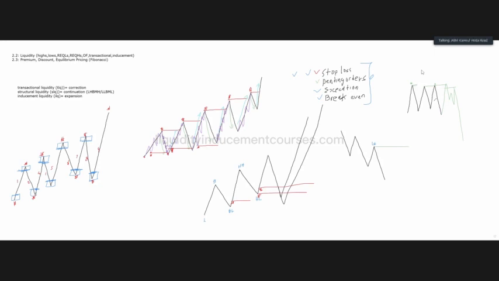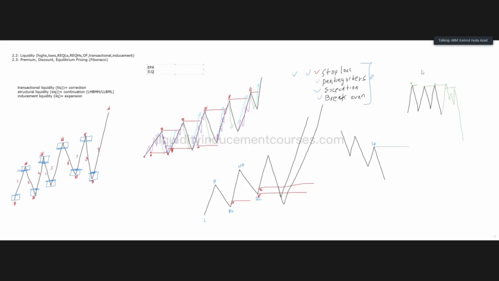Good. So when you look at the market, every time you want to pick a trade, you have just 4 questions at the back of your head. The first question you ask yourself is, where is the next EPA? You identify it, then you ask yourself, where is the next inducement liquidity?